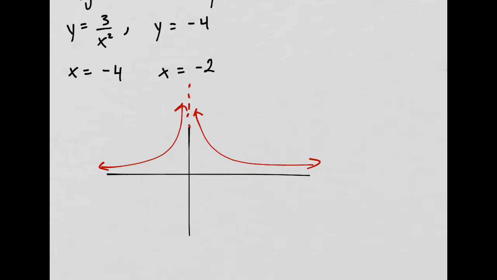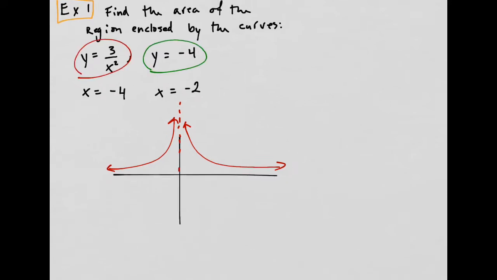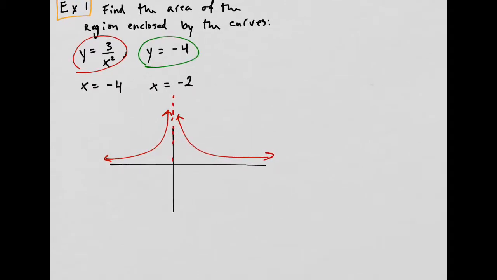And there's an asymptote there. And y equals negative 4, that's easy. So this was in red. This one will be in green, y equals negative 4.